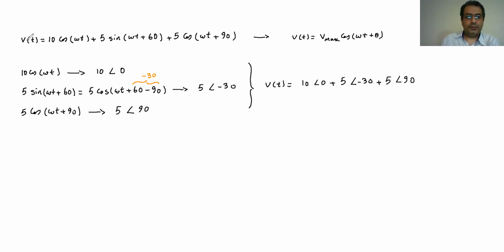So the Vt is converted from the time domain to the complex domain. Now I have some complex numbers, and I just need to add these three complex numbers together, which is much easier to do. So I'm going to convert these to rectangular form.